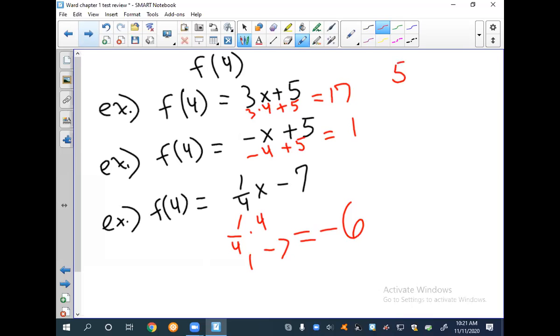We got 5 through 7 and 13 through 25. 5 through 7 and 13 through 25.